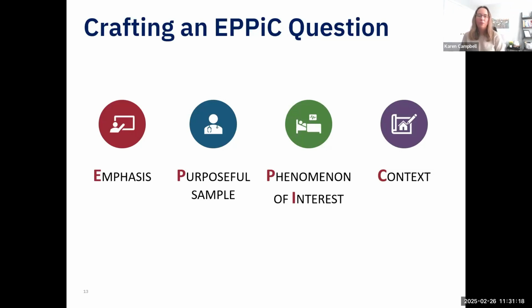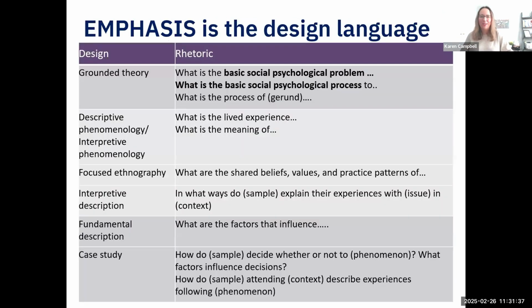So these are the elements of it: the emphasis of the question, the purposeful sample that you're using, the phenomenon that you want to explore, and the context in which it comes. And then whenever you put these all together, hopefully you have a good question.